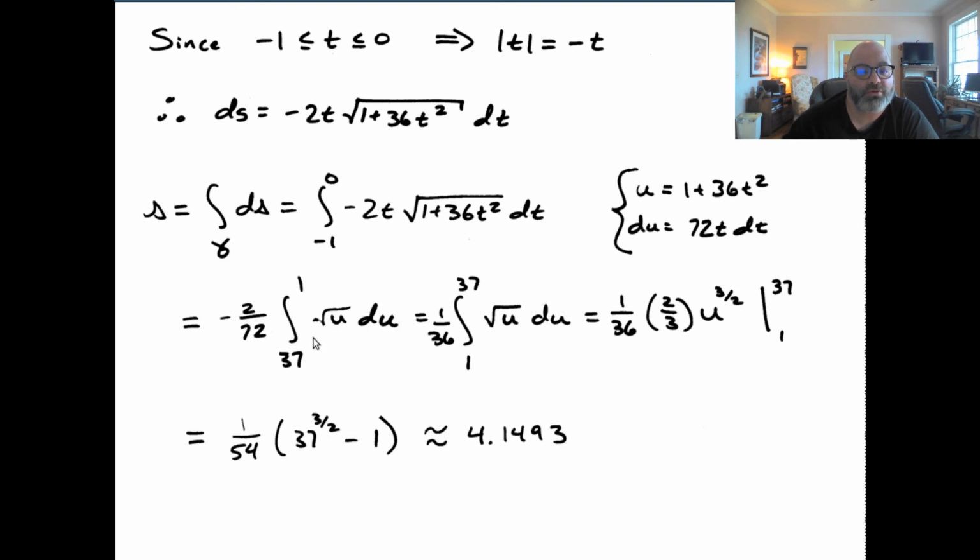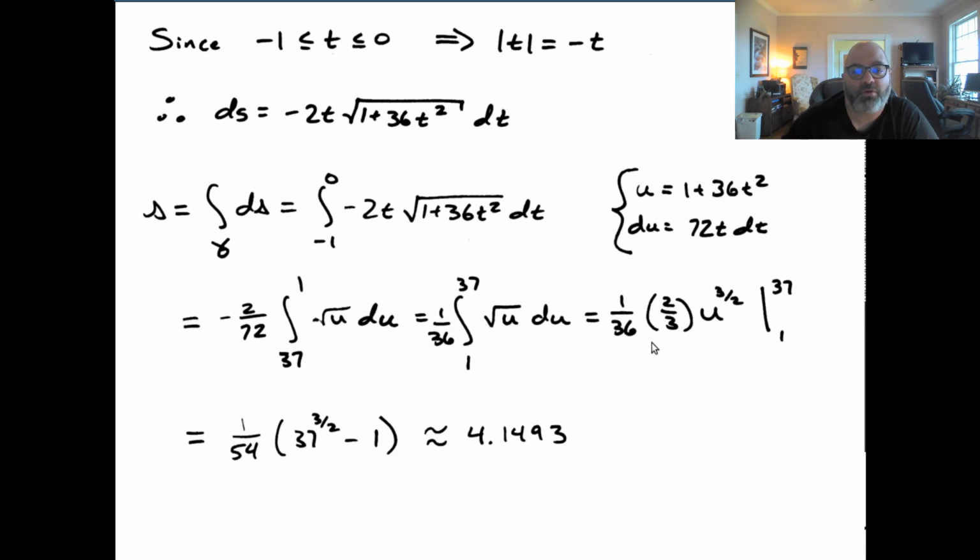If we switch the order of integration, it introduces a negative that kills off the negative here, and so, simplifying that fraction, we have 1 over 36 times the integral from 1 up to 37 of the square root of u du.